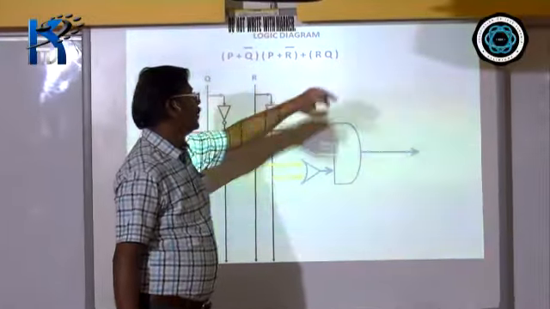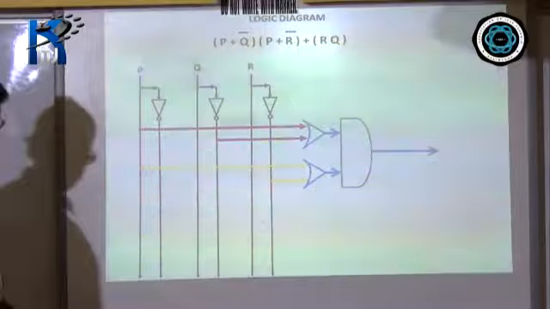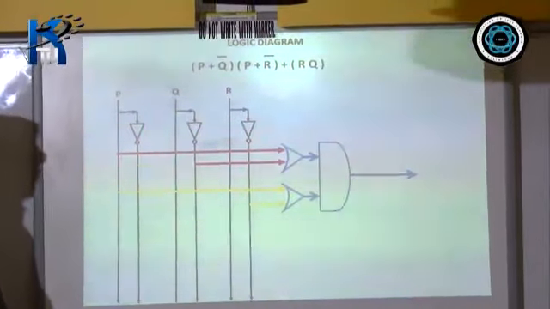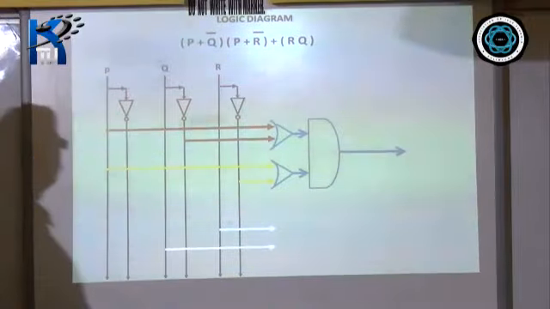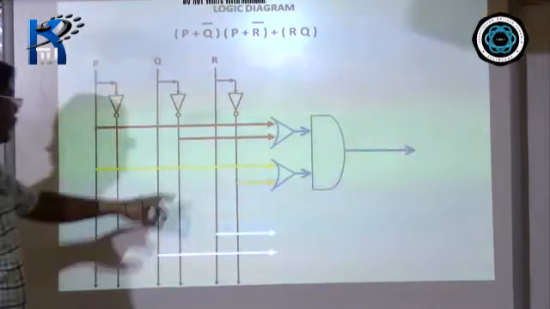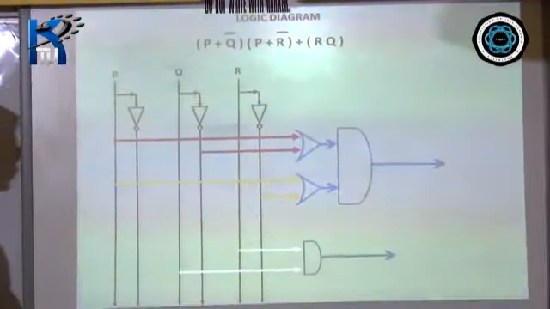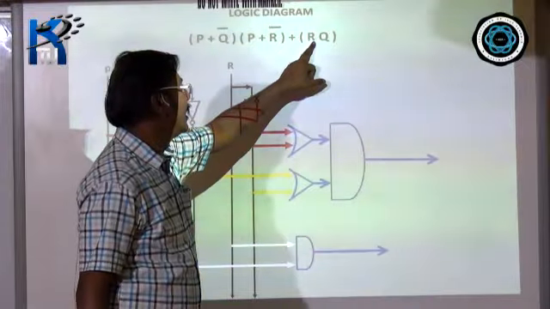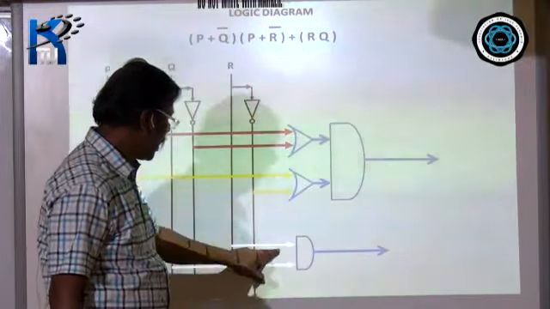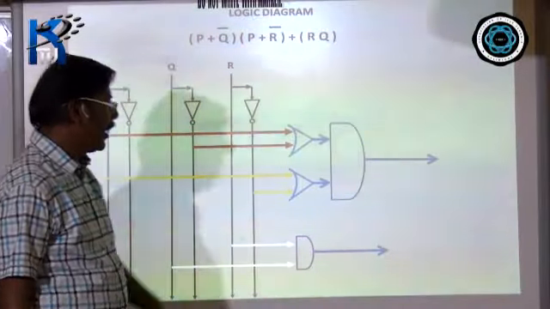Now comes this one, RQ, that is R dot Q. So R is here, Q is here. This one is R, this one is Q. So R and Q. Now R and Q, we have got the AND gate. So AND gate between R and Q. Here we had the OR gates, here we have got the AND gate.